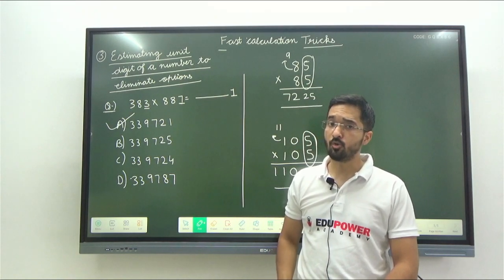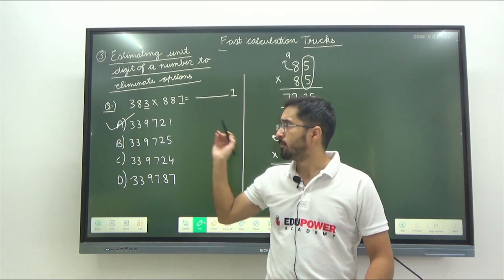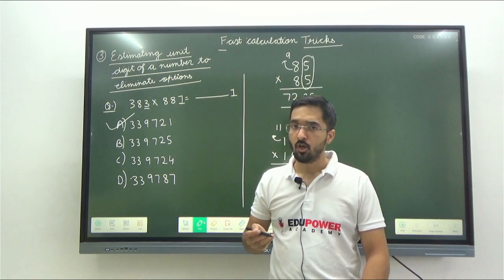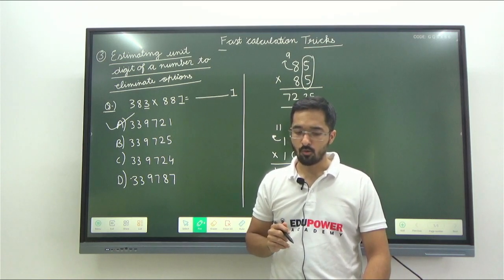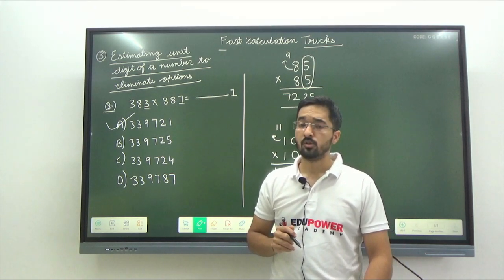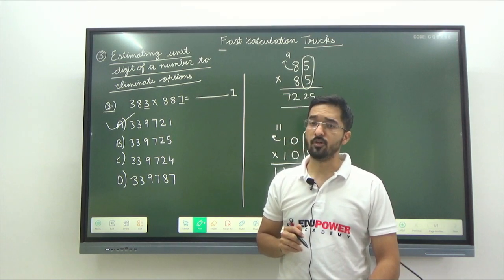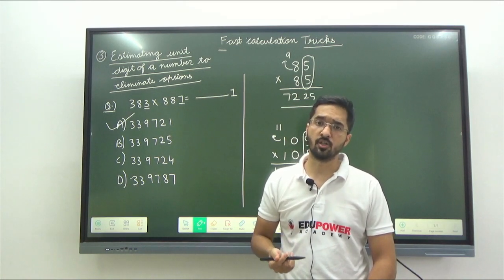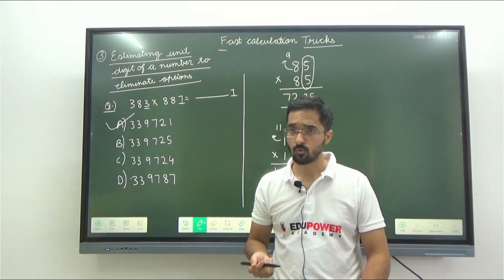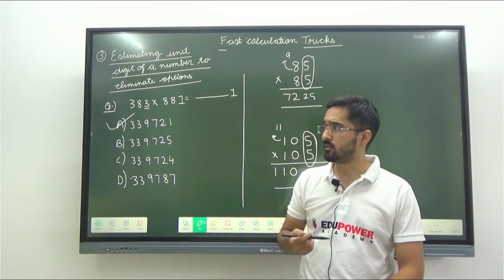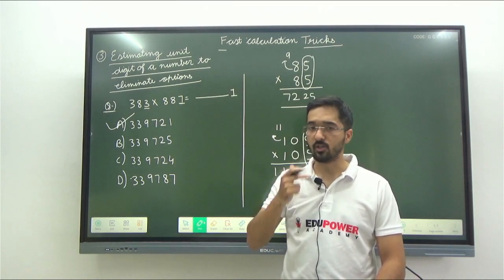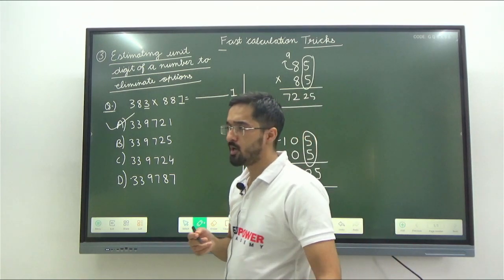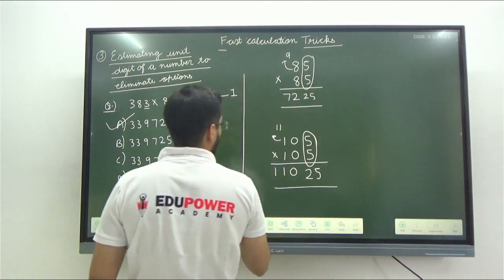If you are able to get the unit digit of a multiplication or of an addition, your task becomes really easy, right. Now, I am going to give you some questions where you have to estimate the unit digit of the product, and when you practice it again and again, you will develop accuracy in it, and then you will be able to solve it in the paper.